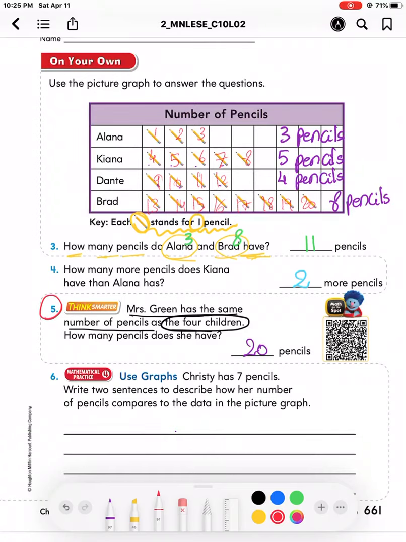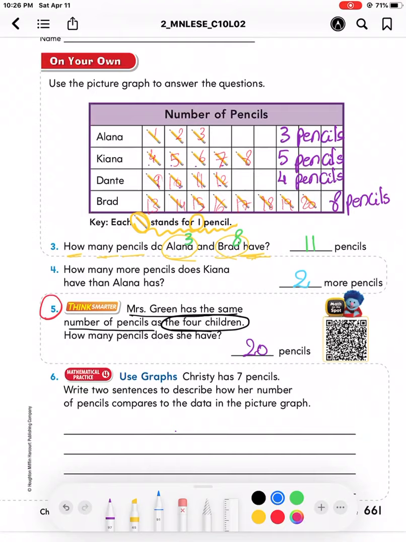So we got 20 pencils. Now, I hope you understood the idea of the picture graph and how to read it, or how to figure out the data from the picture graph.